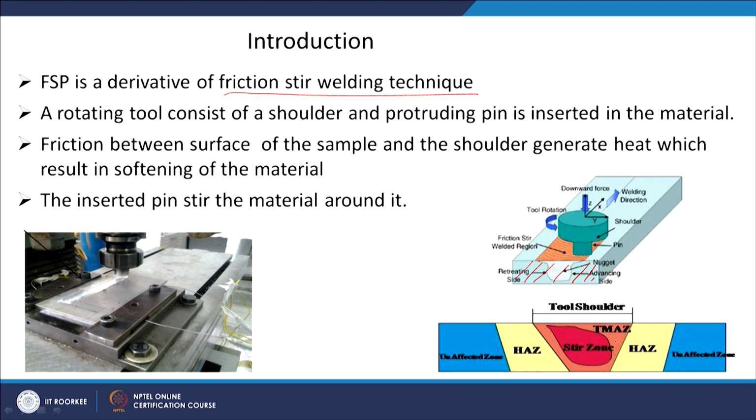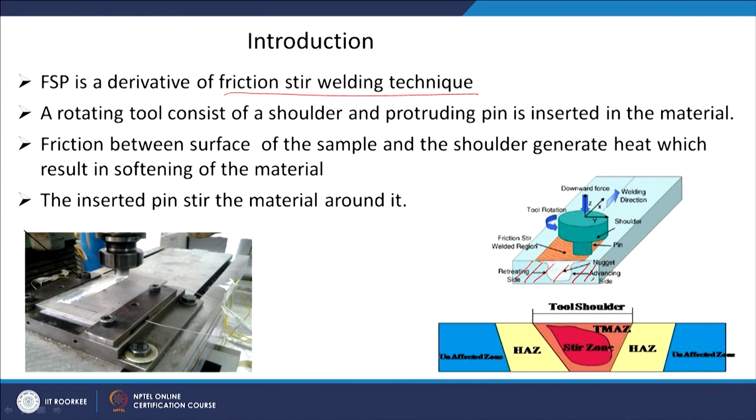That means the strain is not enough to refine the microstructure. Here you can see elongated grains, which are partially recrystallized or partially recovered. Recovery or recrystallization is not complete, whereas in the stir zone a nicely recrystallized microstructure can be observed.